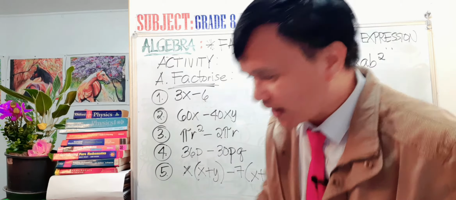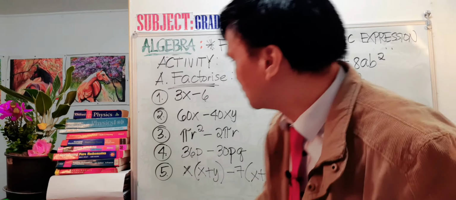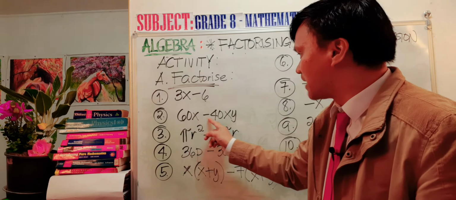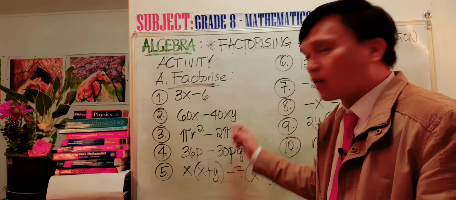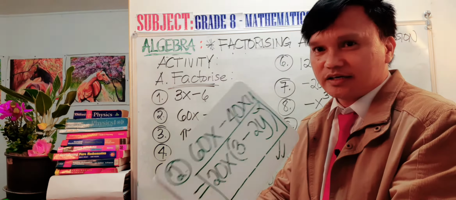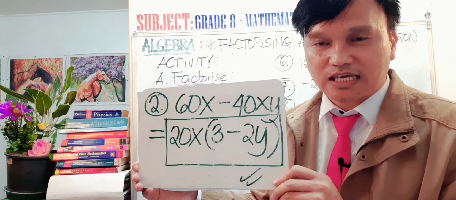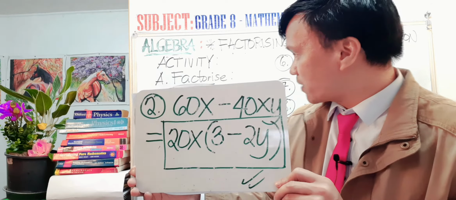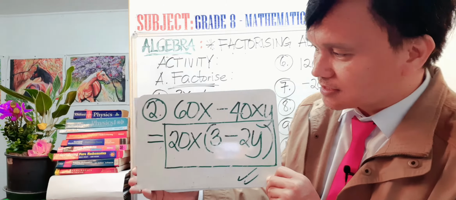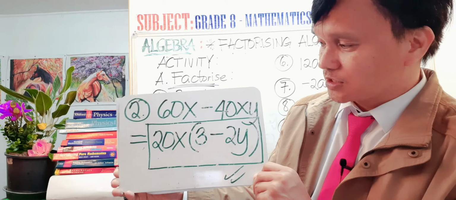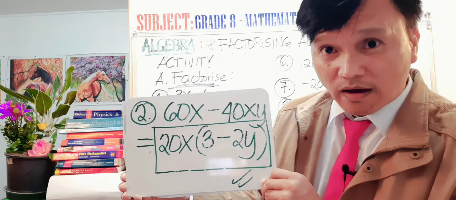Okay, next one, question number 2 is 60x minus 40xy. Here is my factored answer for the given algebraic expression. 60x minus 40xy.